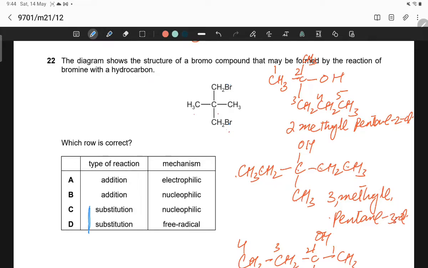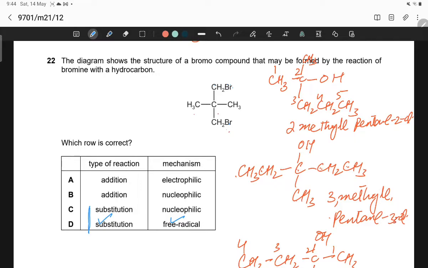Because two bromine atoms are attached on two different atoms, it could be the free radical, not nucleophilic. So substitution is correct, and free radical, not nucleophilic.